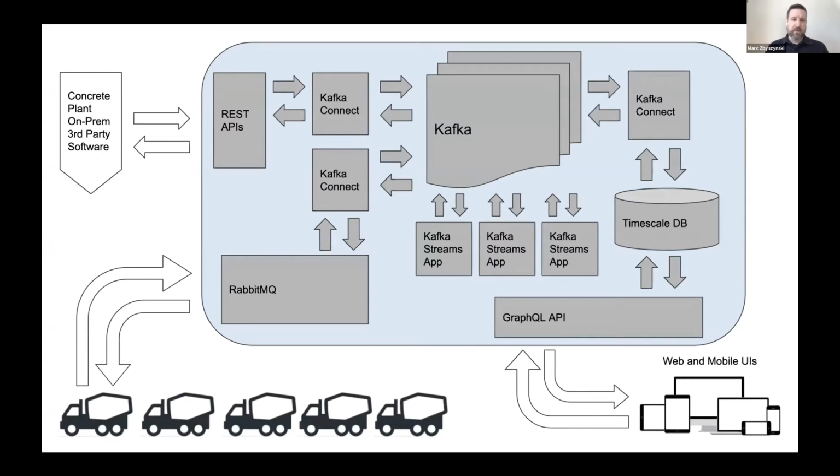This is a simple system diagram of what's going on here. And as you can see, there are lots of boxes and arrows. We've got data coming in from third-party software, from our concrete trucks, as well as from mobile and web platforms. And it's moving around. As an example, I alluded before that when you're going to make a cake, you need a recipe.